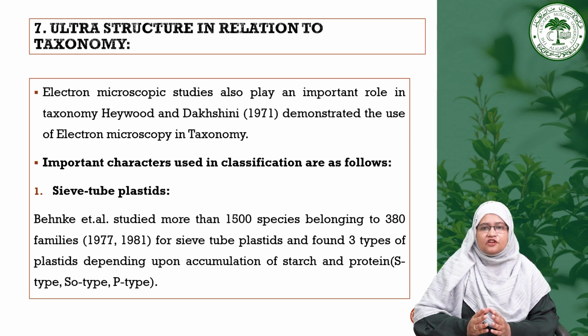The important characters used in classification are as follows, like the sieve tube plastid. Behnke studied more than 1500 species belonging to 380 families for sieve tube plastids, and found three types of plastid depending upon the accumulation of starch and protein, that is the S type, SO type and P type.